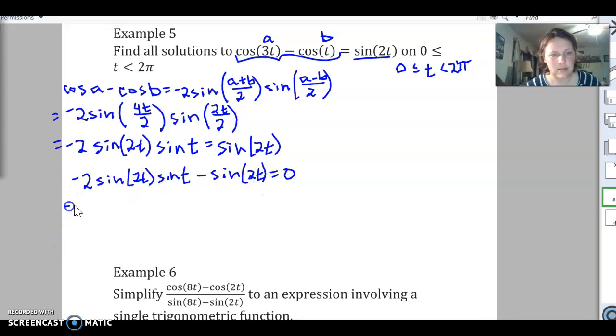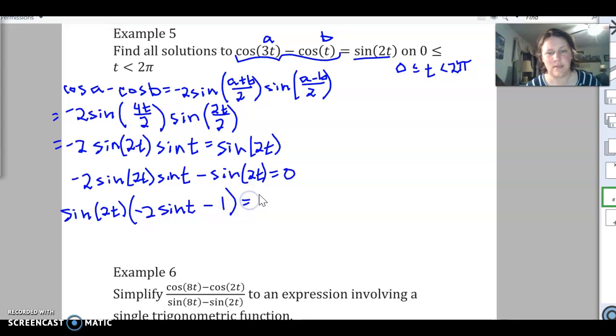Let's start over. Let's go ahead and factor out that sine of 2t. Once we factor that out, what do we have left? We have a negative 2 sine t minus 1, right? And that is equal to 0.